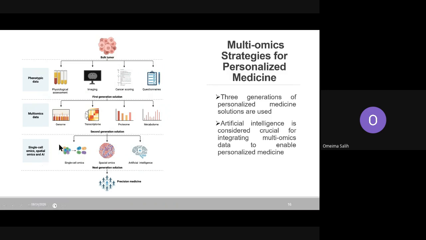These different approaches give more insight into their study, because when we say personalized medicine, that means there are specific variations between different types of populations.